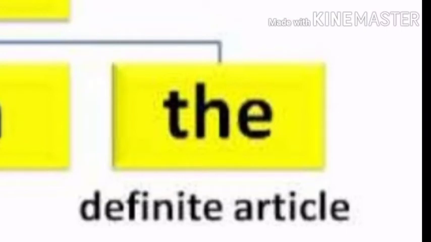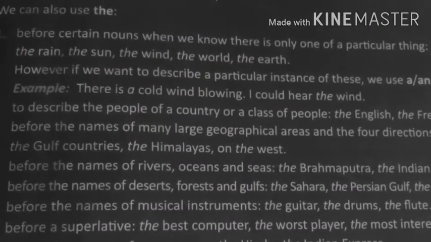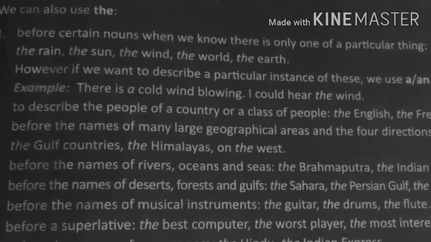And the definite article is the, and the is used to refer to specific or particular nouns, like the Taj Mahal, the English, the Indian Ocean, and so on. The is used in many such forms.